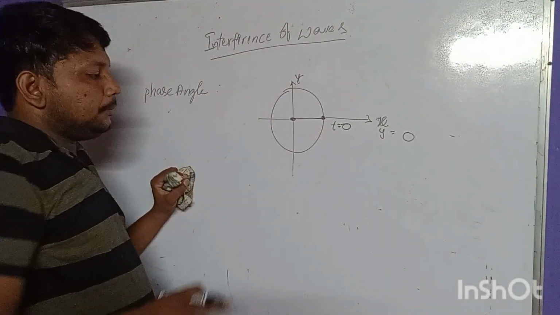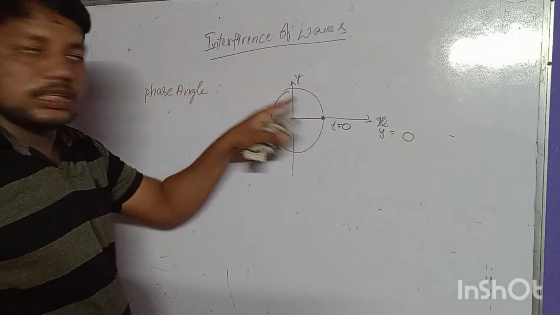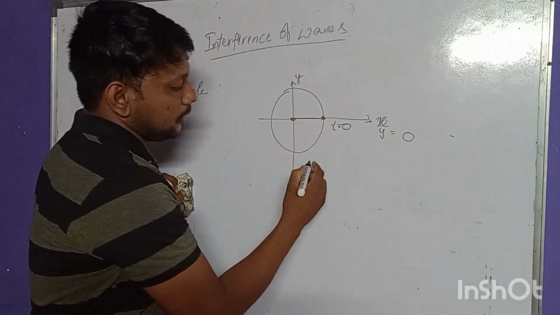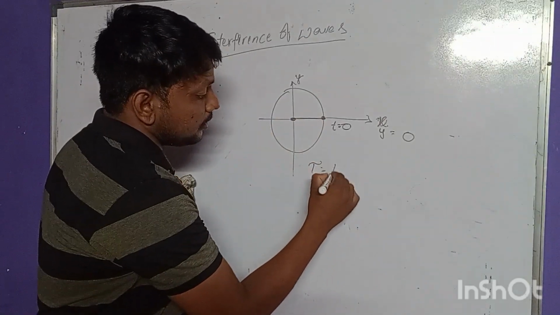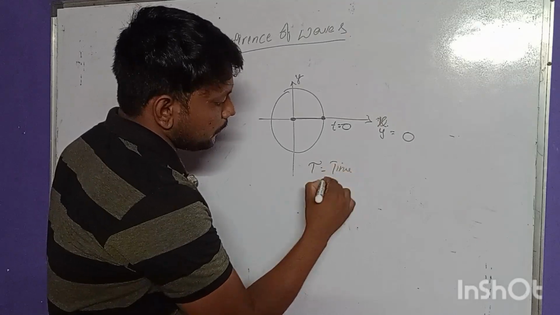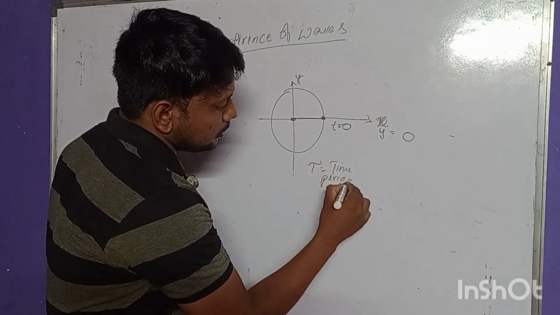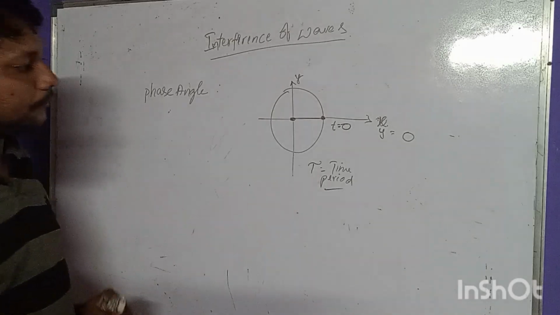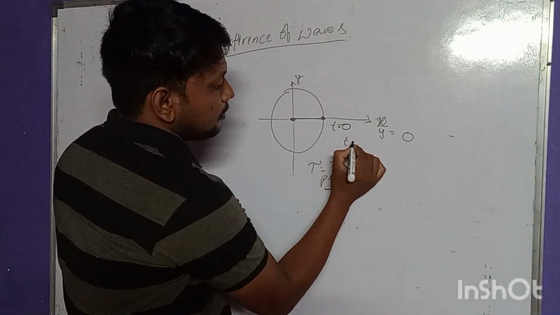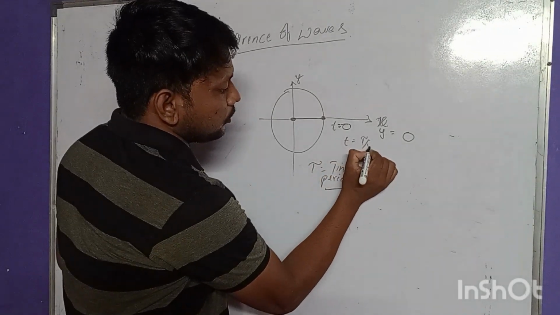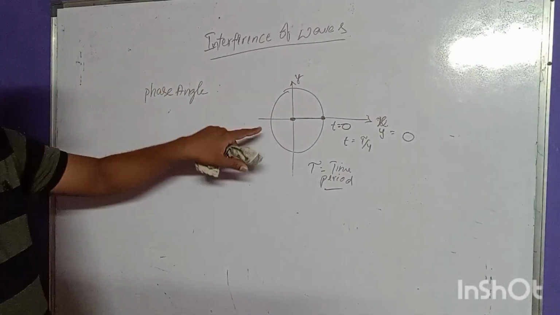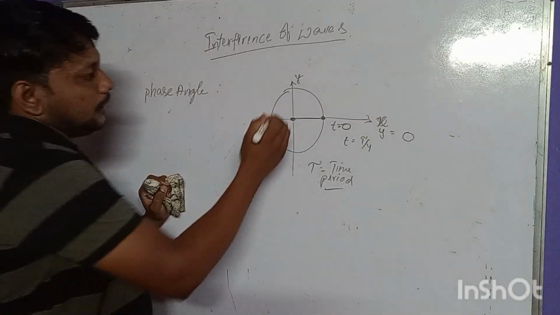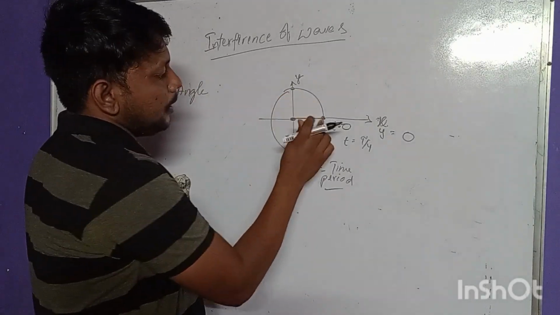The total time period అంటే ఒక రివల్యూషన్ కంప్లీట్ చేయడానికి ఈ పార్టికల్కి పీరియడ్ టైం పడితే, at t is equal to τ/4 అంటే క్వార్టర్ సైకిల్ కంప్లీట్ చేస్తే ఇక్కడ ఉంటుంది పార్టికల్.